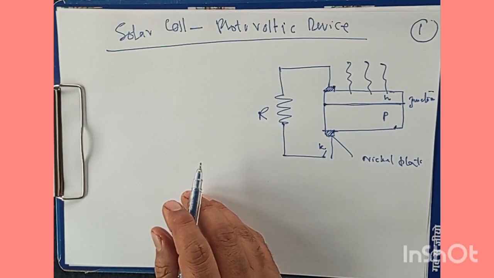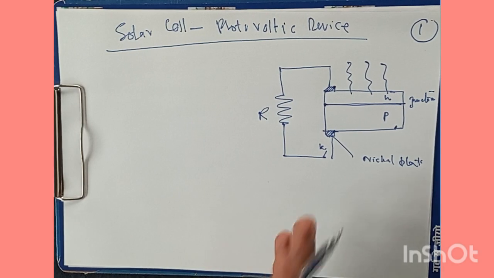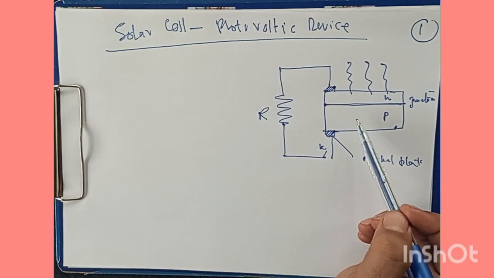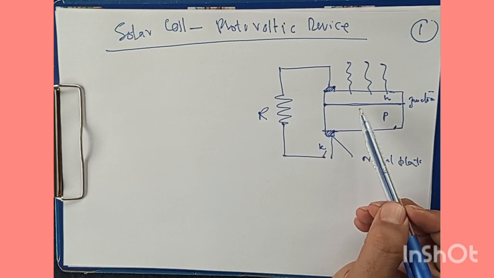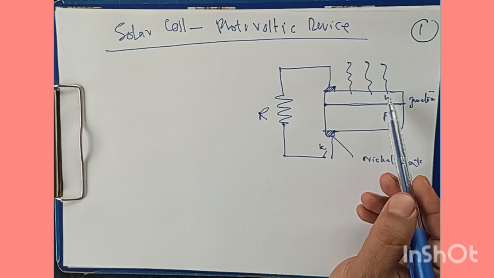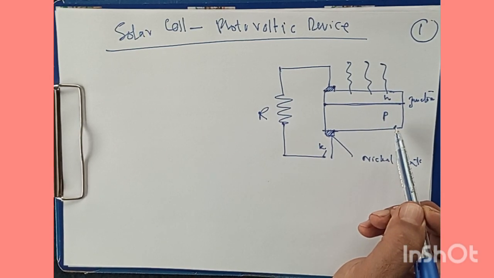Now the point is that if we talk about a simple solar cell, it consists of a PN junction as I have drawn here. In this you can see that N region is very thin and P region is very thick, right?